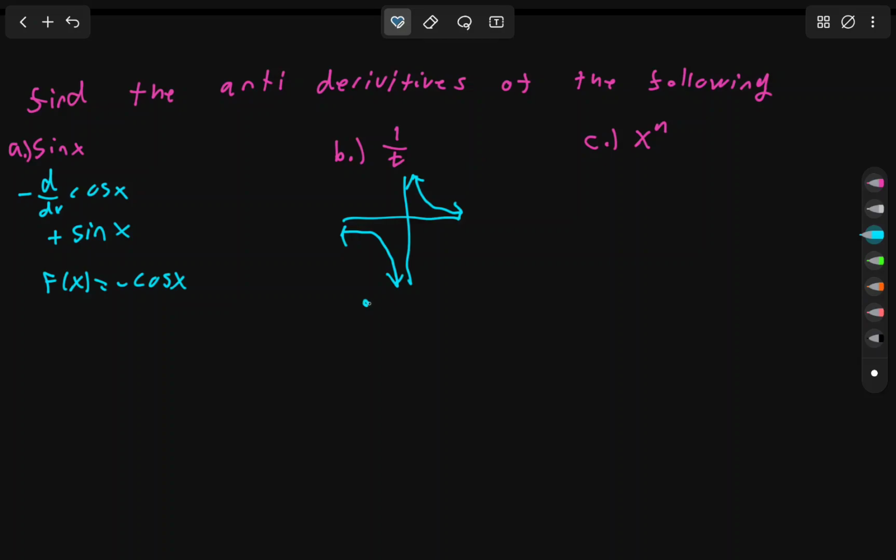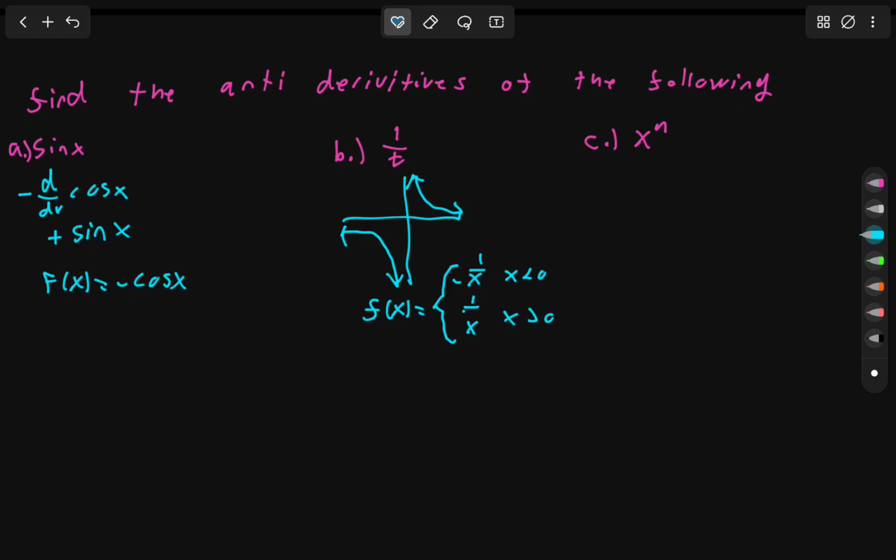So we're going to say lowercase f of x is equal to the piecewise function of negative 1 over x for x less than 0, and 1 over x for x greater than 0. There we go, fix it.